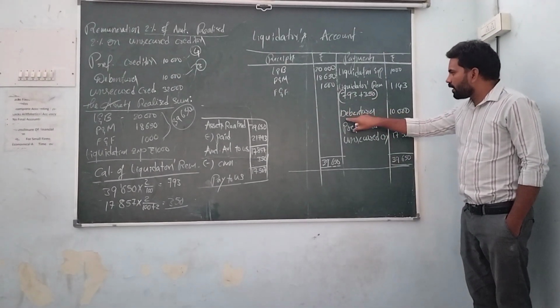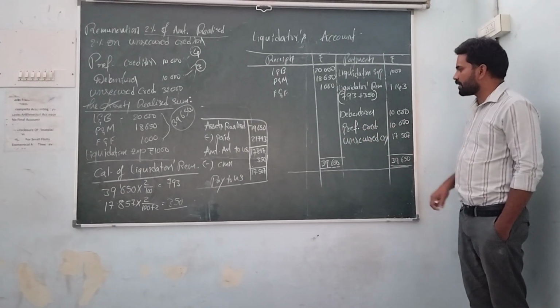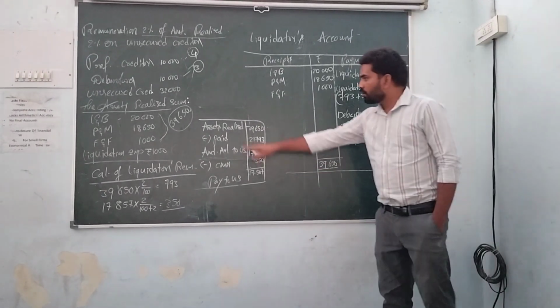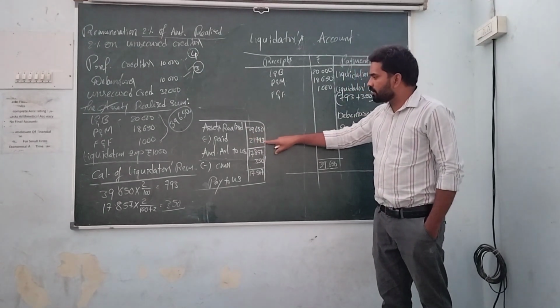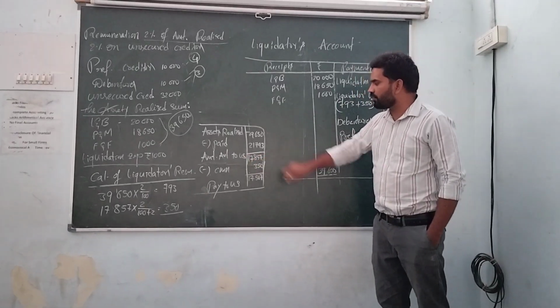Then they pay debenture holders 10,000 rupees. Next is payment to preferential creditors. For the remaining balance, how much is available? The assets amount realized is 39,650. Payment is 21,793 rupees. So the amount available to unsecured creditors is 17,857.